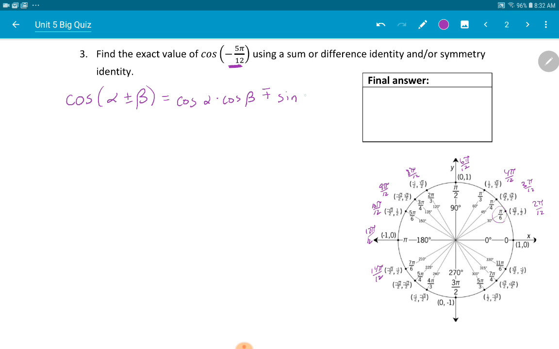So the sines are together, the cosines are together, and the sign flips and the plus minus flips. Okay? So that's our formula.